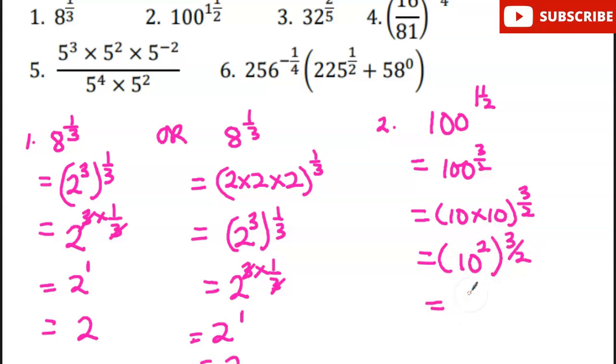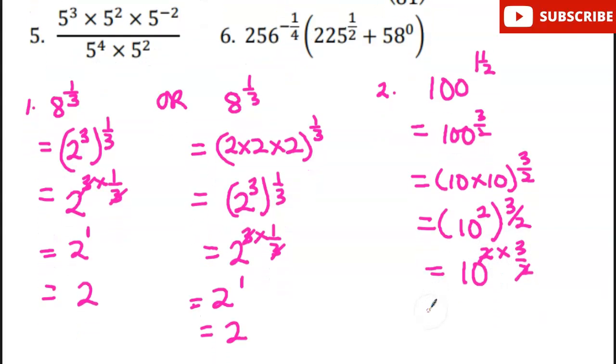And according to indices, if an index is raised to a certain power, we multiply the exponents. So 2 times 3 on 2. So this will cancel that. We are going to have 10 raised to the power 3, and 10 raised to the power 3 is 1000.